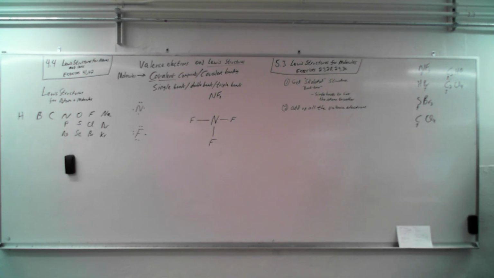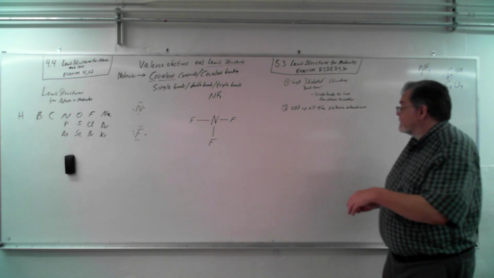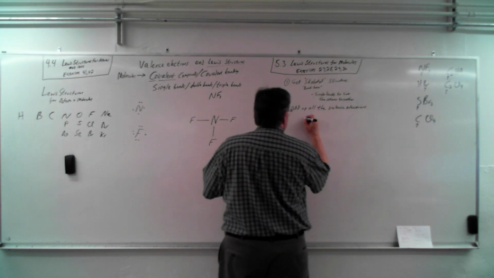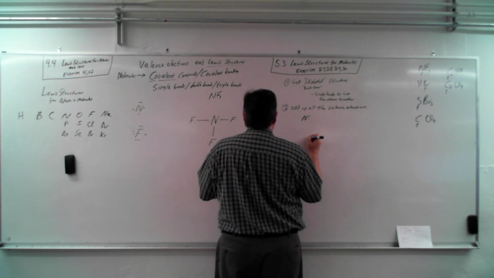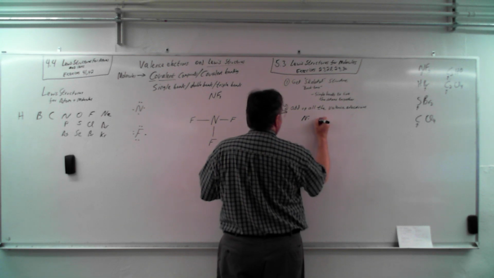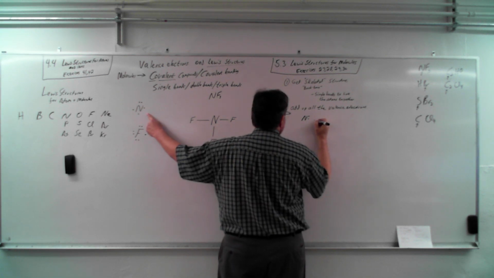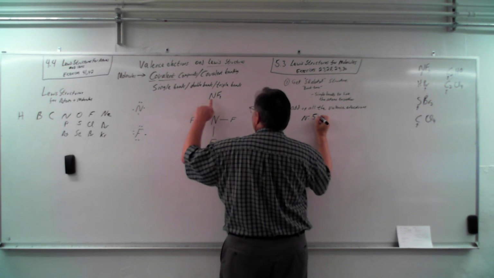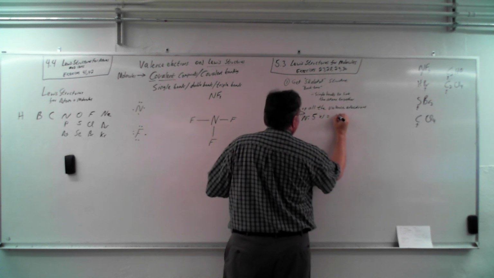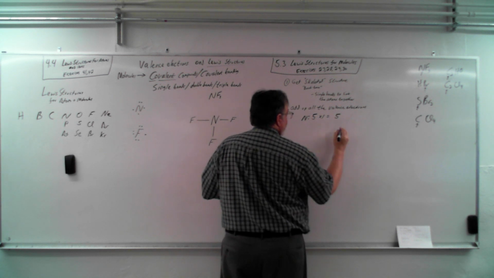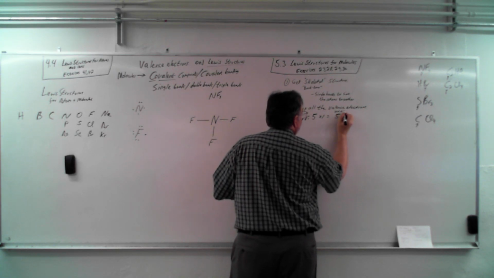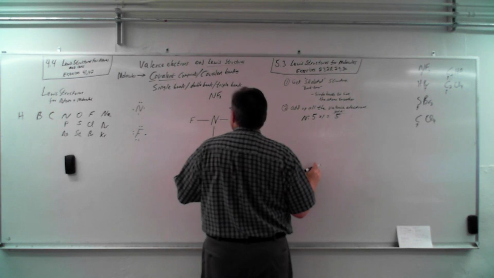Calculate the total number of valence electrons. So I would do it like this. Nitrogen has how many valence electrons? 5, and there's only 1 nitrogen there. So you get 5 valence electrons from nitrogen.